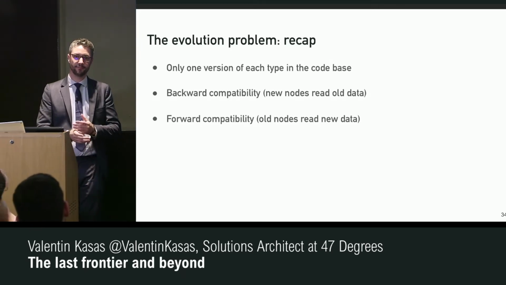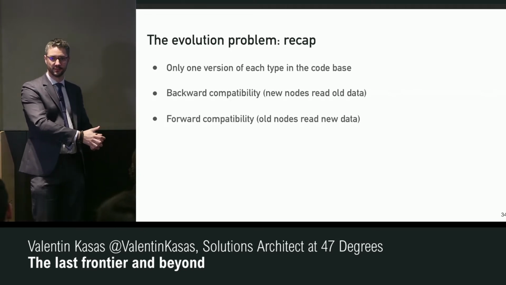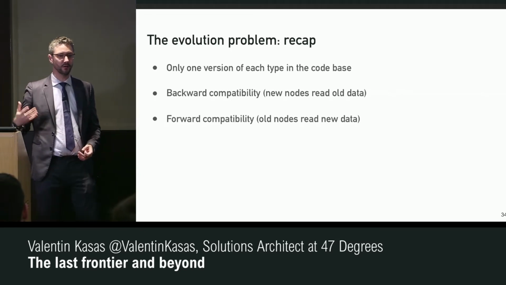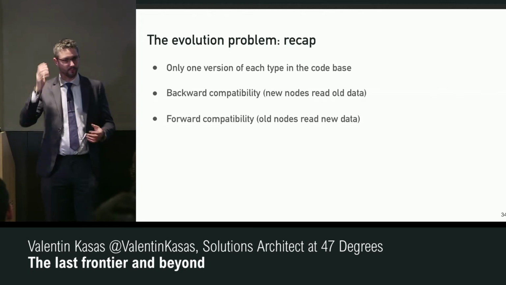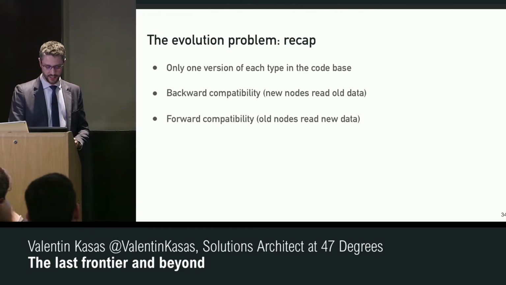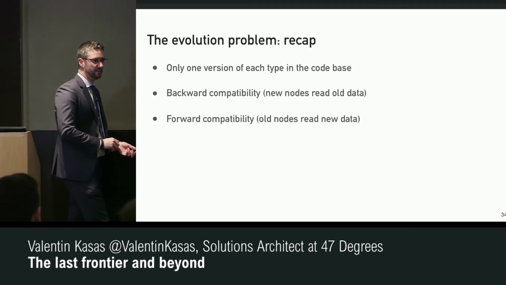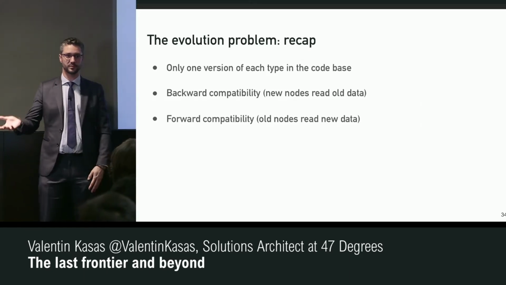That way we will be able to evolve our business logic without worrying about compatibility problems when we deploy the application. Or for example, in event sourcing, the problem you have is that your event log is immutable.